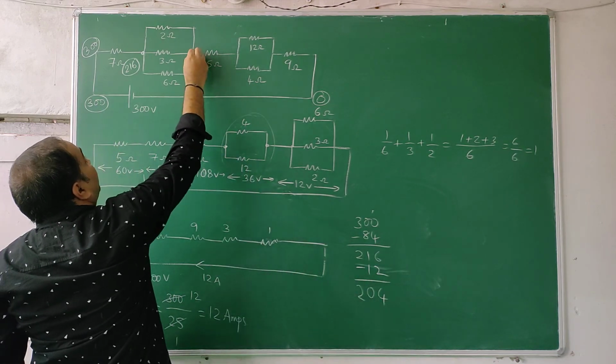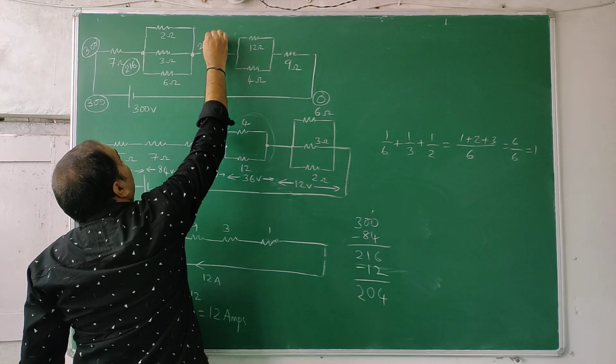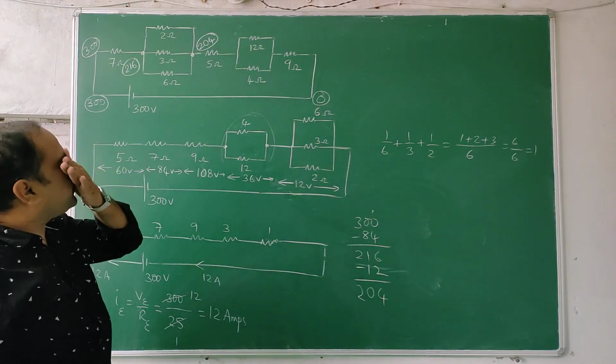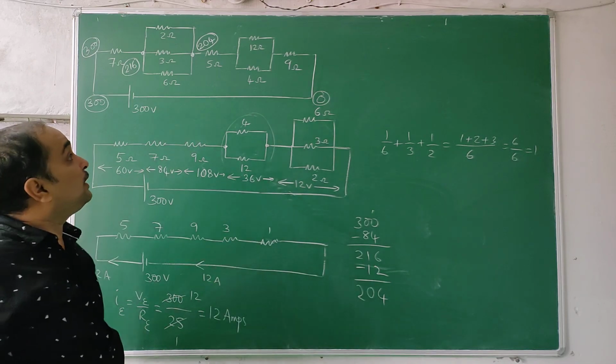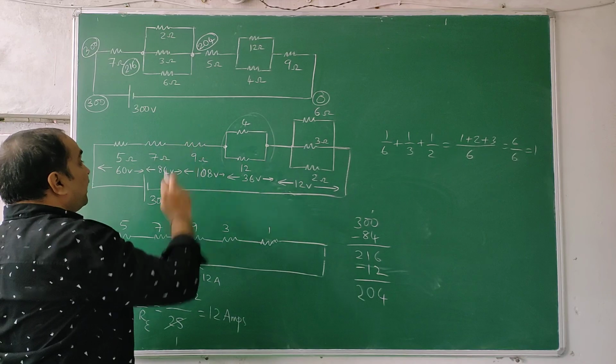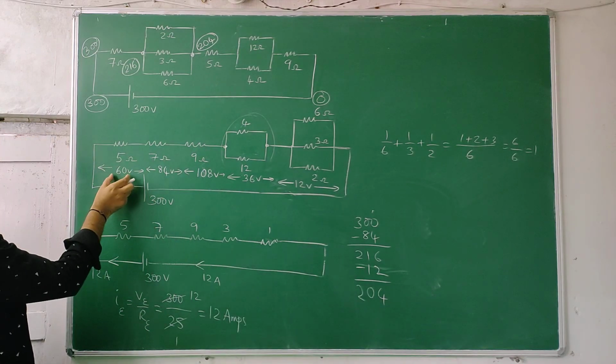So this point will be at a voltage of 204 volts. I am not able to write volts because the place is not sufficient. I would have taken the full board advantage; I wanted to do the calculations that way. Okay then. Next we have 5. Across 5 there is a drop of 60 volts.